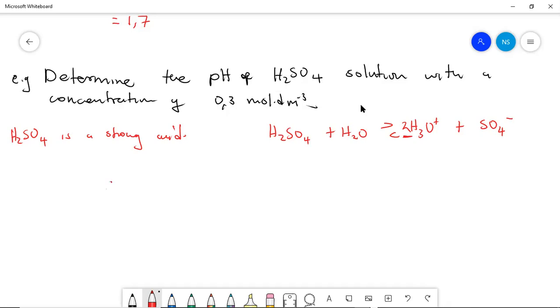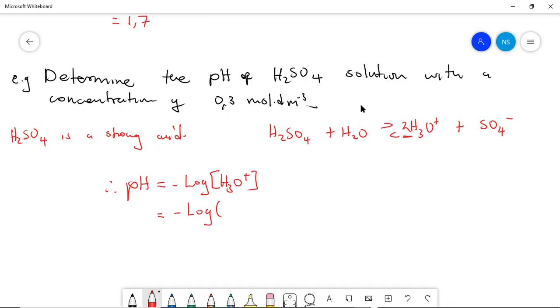So therefore, our pH will be equal to minus log the concentration of hydronium, which equals minus log of, because sulfuric acid is diprotic and gives off 2 hydronium ions, we multiply the concentration of sulfuric acid by 2.